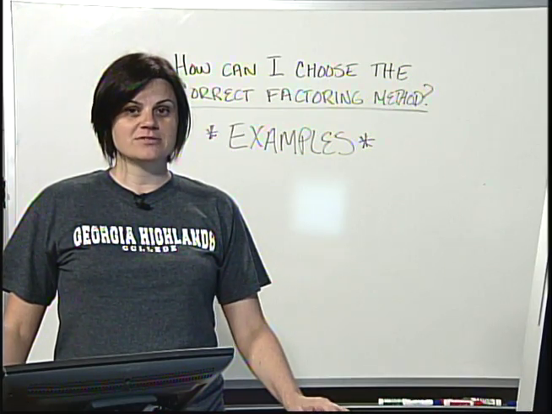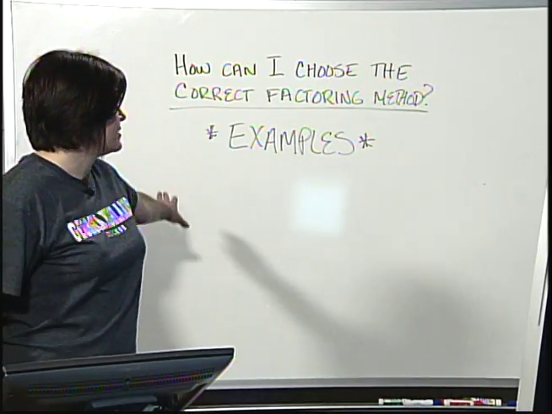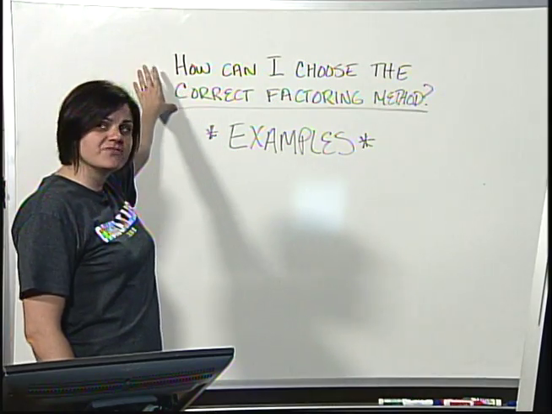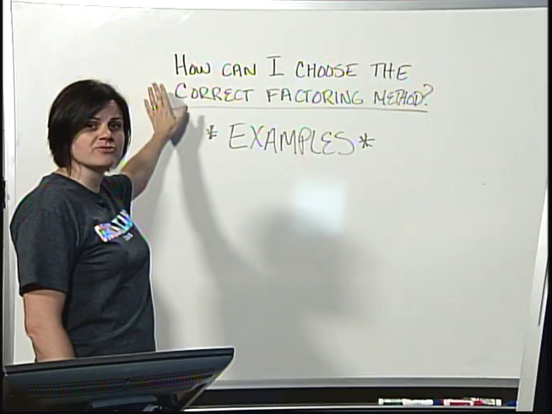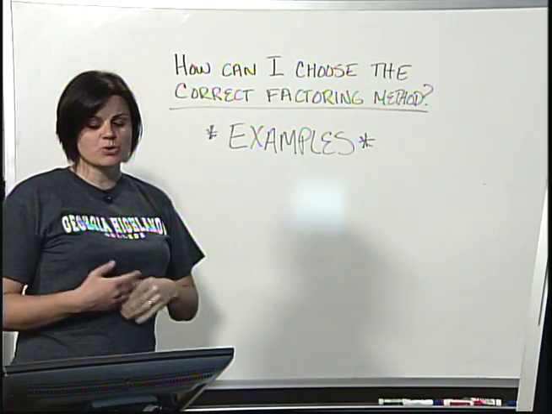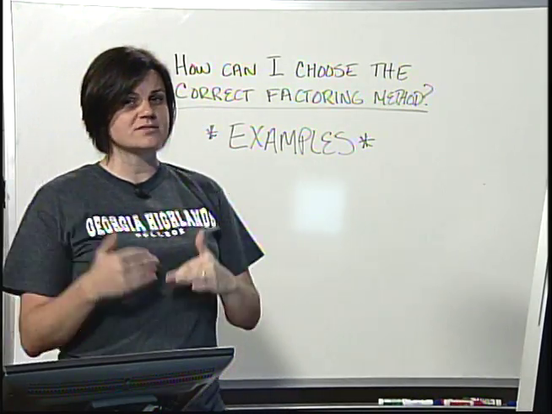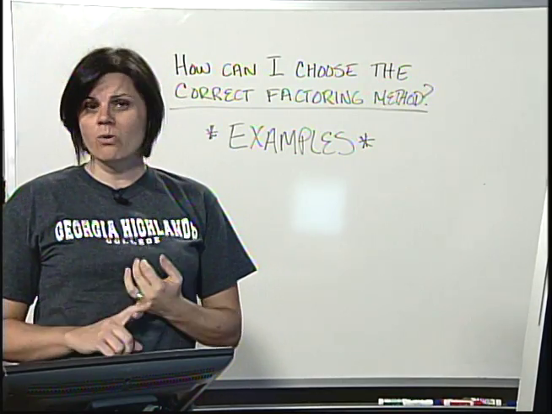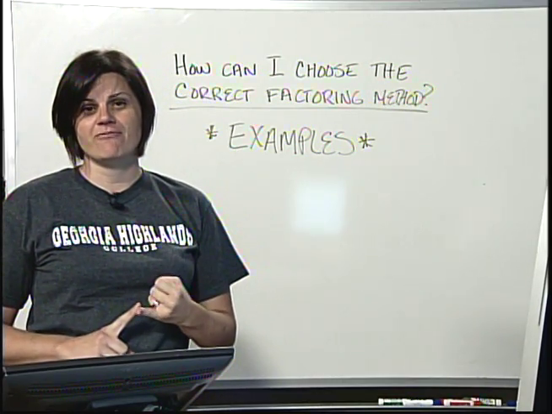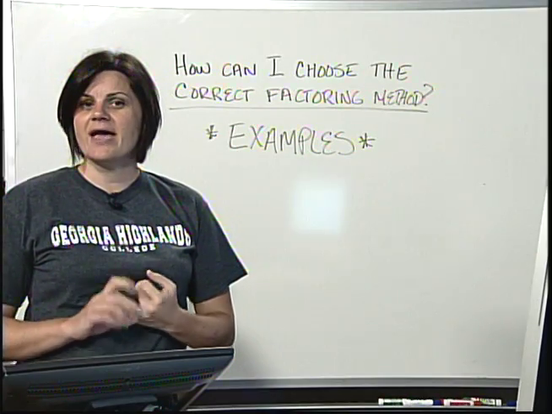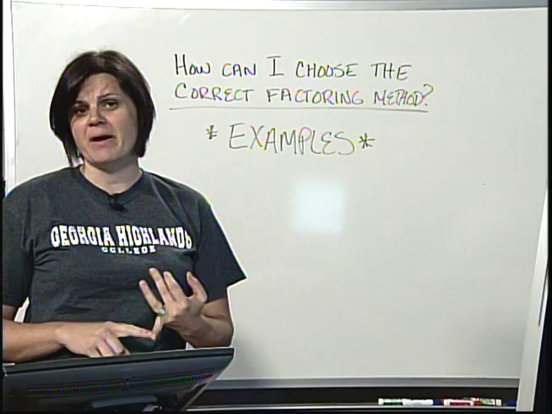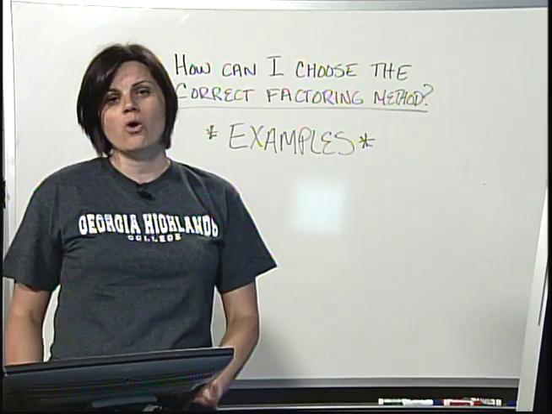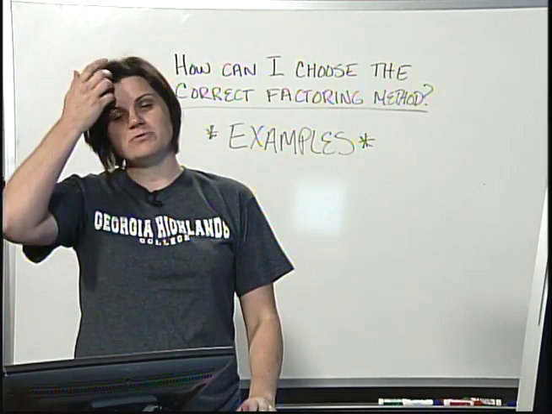In this video segment, we will look at some examples from the last video segment with the question, how can I choose the correct factoring method? So let me just quickly recap what that process was of choosing. You always want to check for a GCF first. Then you move into counting the terms, and you'll either establish that it's a binomial, a trinomial, or a 4 or more termed polynomial.